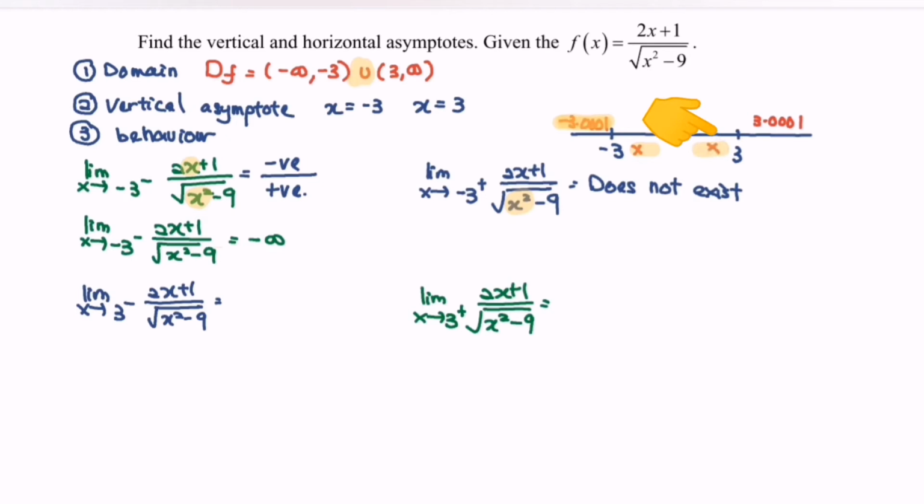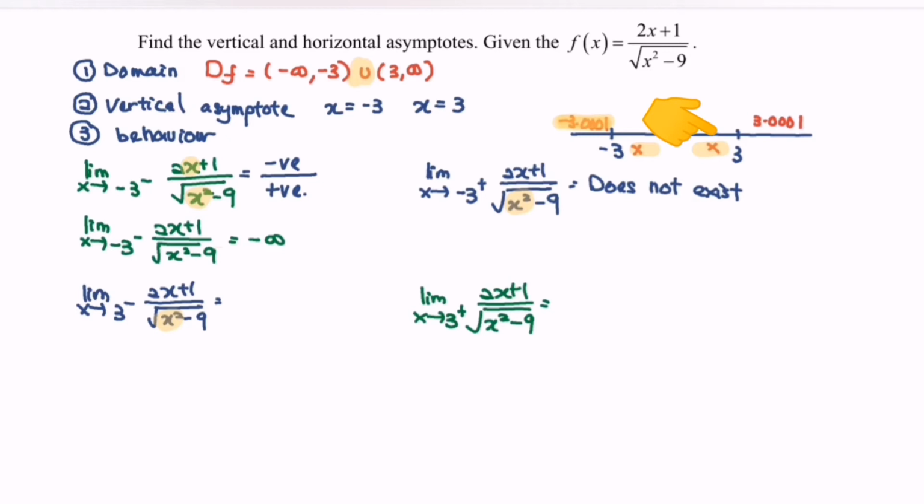Because a value from the left towards 3 would be 2.999, and if we substitute, we have a value which is less than 9. A value less than 9 minus 9 automatically gives a negative value.